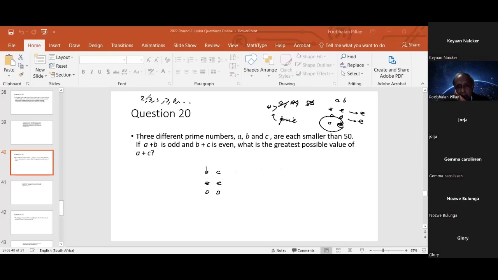Now comes the crunch. Amongst the prime numbers, very, very important fact, there is only one even prime number. Don't ever forget, very useful fact, even prime number, namely 2.